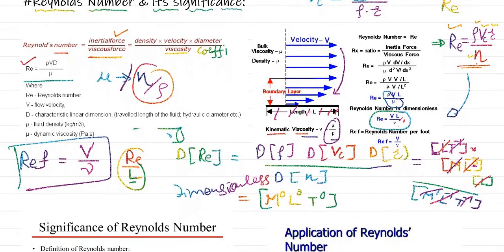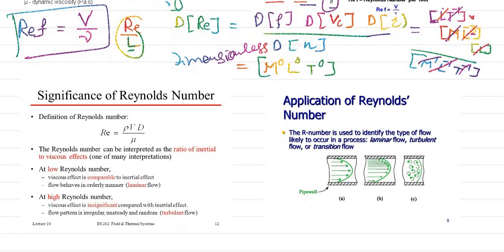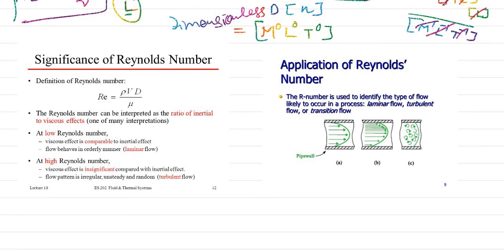Now, let us see some applications and the significance of this Reynolds number. As we know, this is the formula for Reynolds number, which we have already seen in our first slide. This Reynolds number can be interpreted as the ratio of inertial to viscous effects.